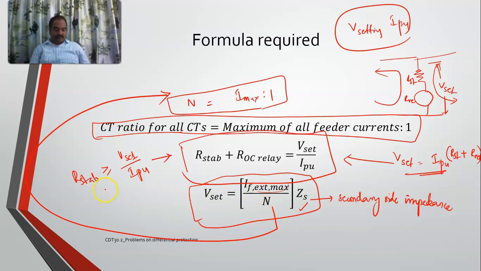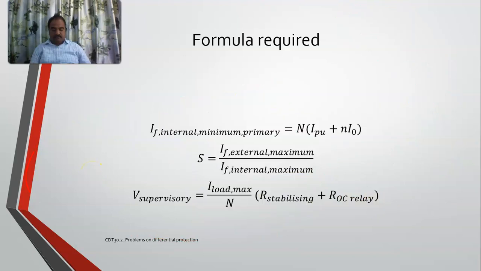Okay. And coming to the internal faults, the minimum value of the internal fault which you need to detect is given by N into (I PU plus small n into I).